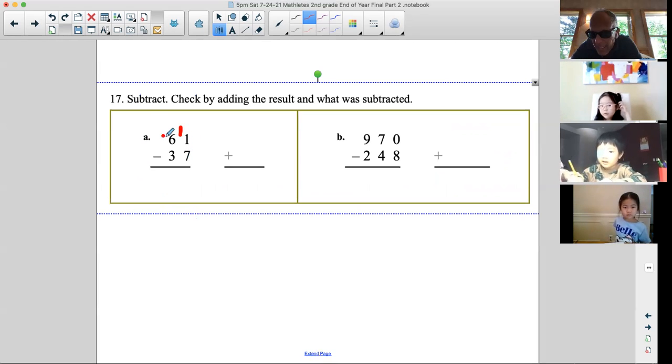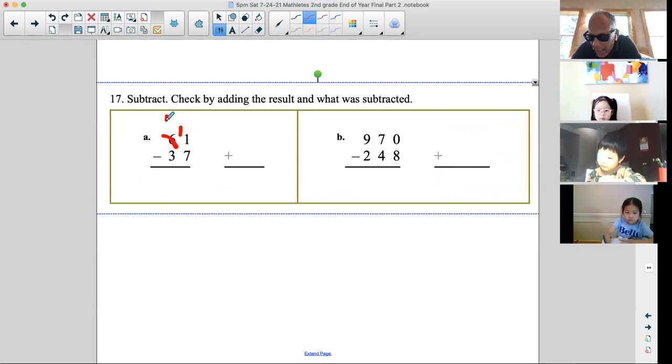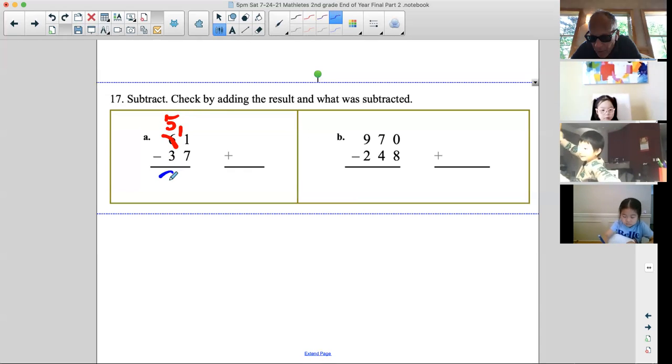We take that 1 from the 6 and we make it a 5. And now, everybody, 5 minus 3 is 2. And 11 minus 7 is, go ahead, Jason. 4. So therefore, 61 minus 37 is what? 24.